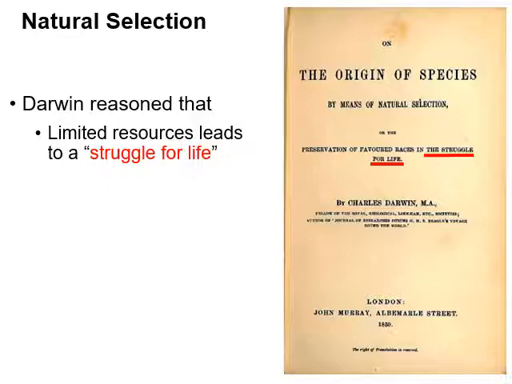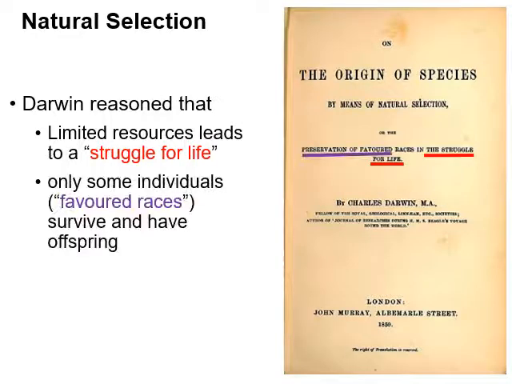And that struggle for life is going to lead to the fact that only some individuals survive, and so this gets at the kind of racist sounding part of the title, the favored races part. What Darwin, I think, was getting at here was more individuals than races, like black people or Asian people or white people.